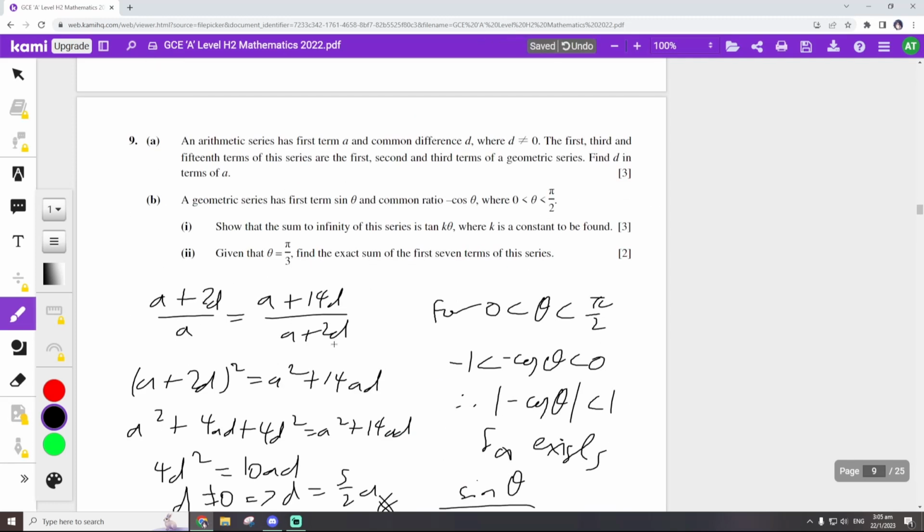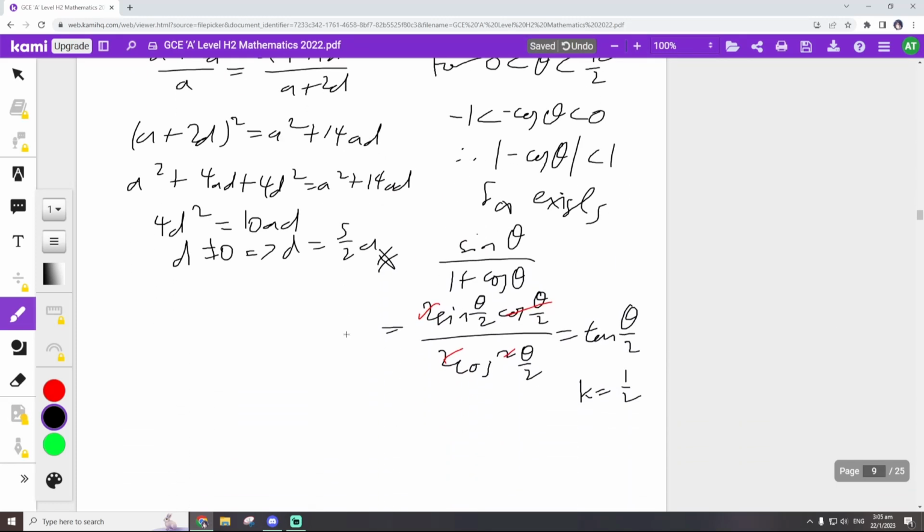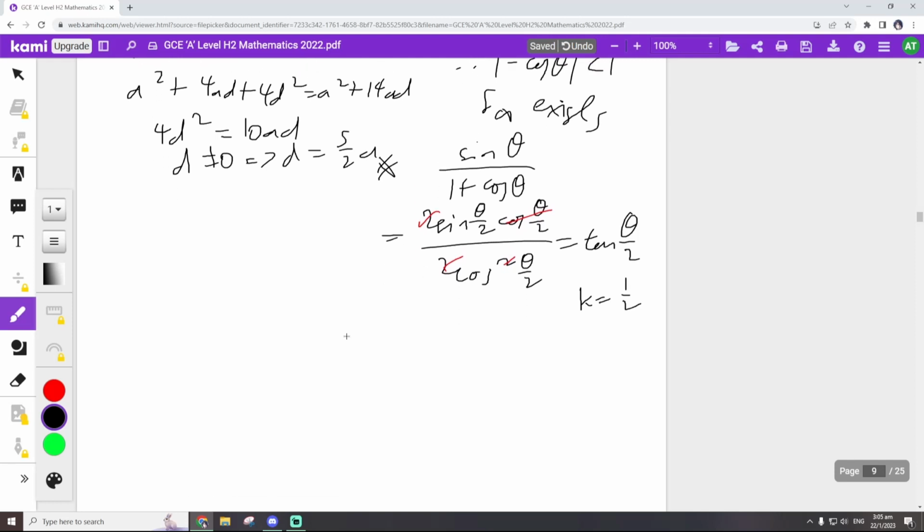Given that theta is pi by 3, find the exact sum of the first 7 terms of the series.